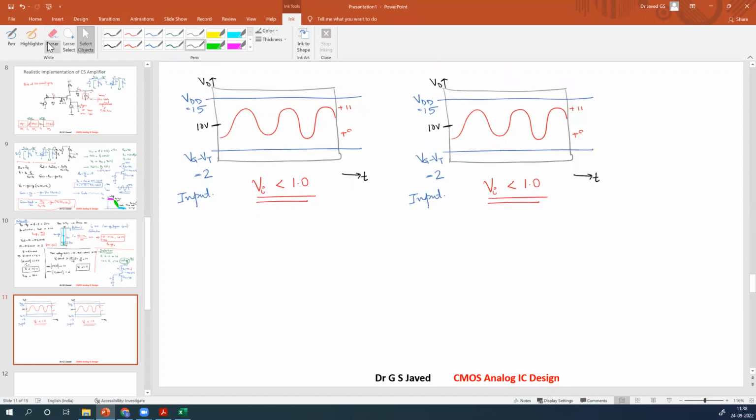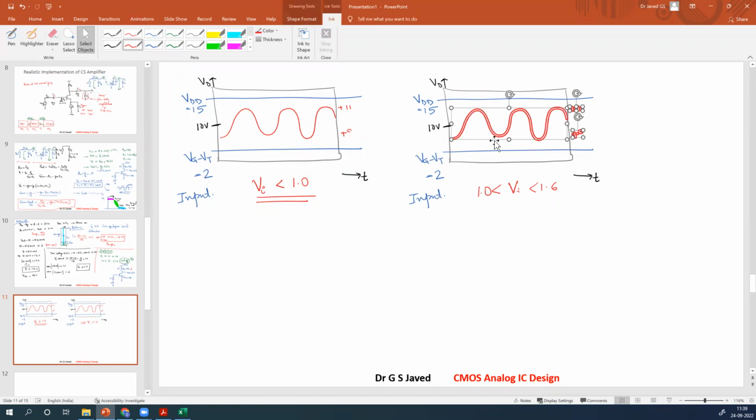So in this case, what happens when you increase the Vi? If your Vi is greater than 1.0 but less than 1.6, what happens to this waveform? Let me try if I can get some animation.